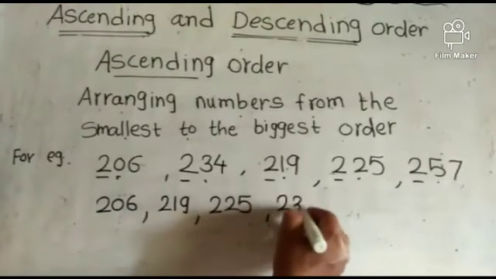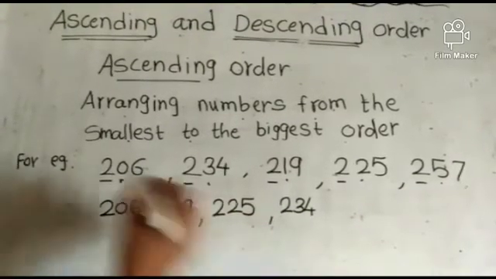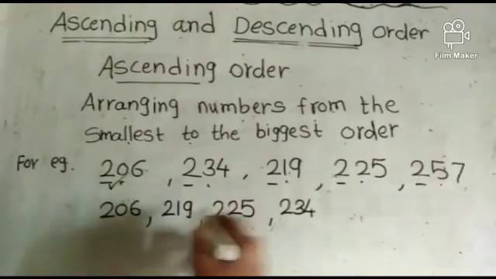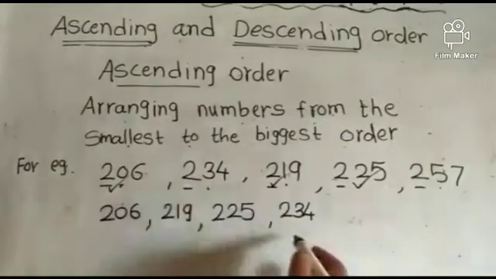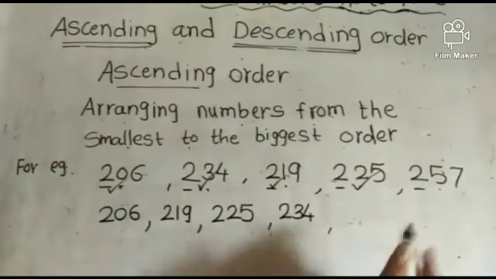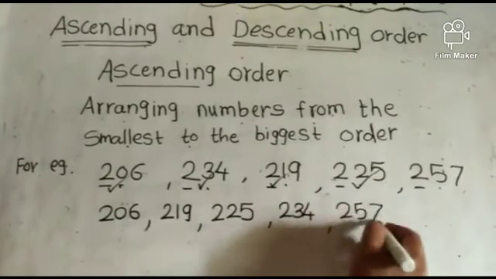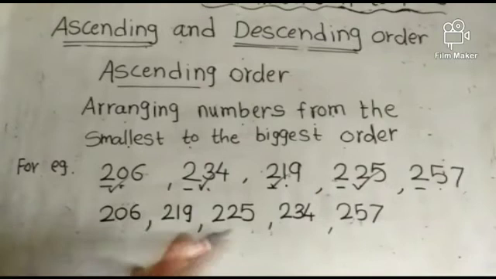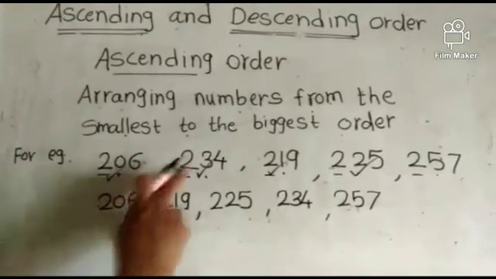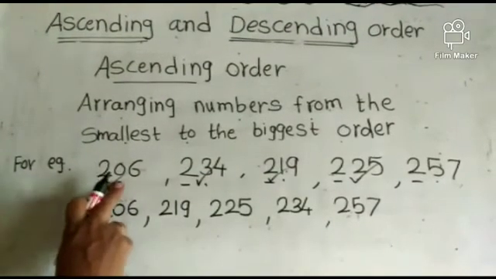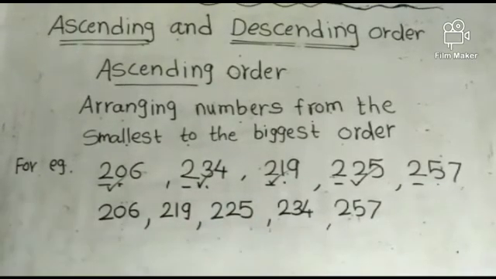So 234 will come after 225, and then this number done, 225 done, 234 done. Now this is the biggest number, 257. So when same 100 place are there, we have to see tens place and then arrange smallest to biggest order.